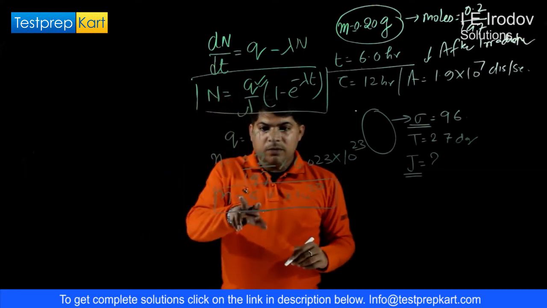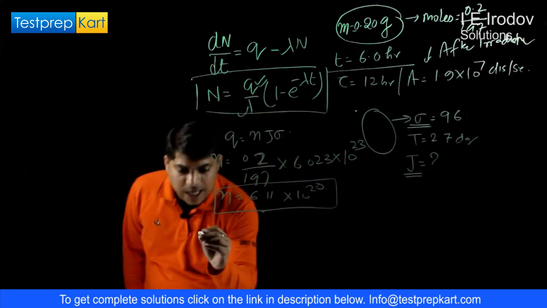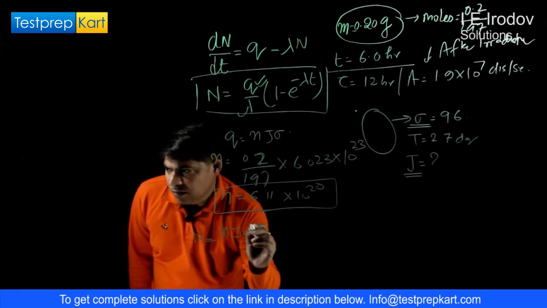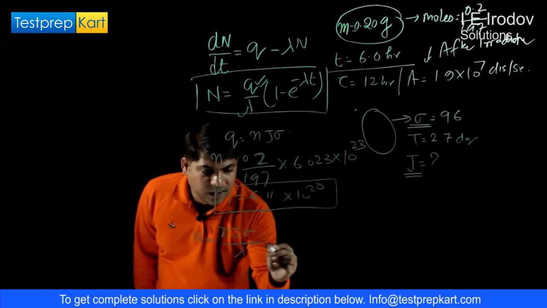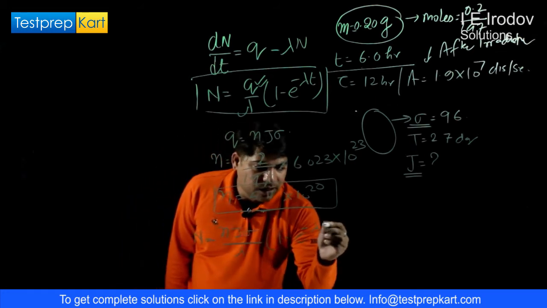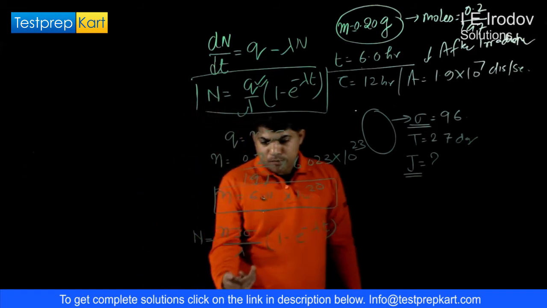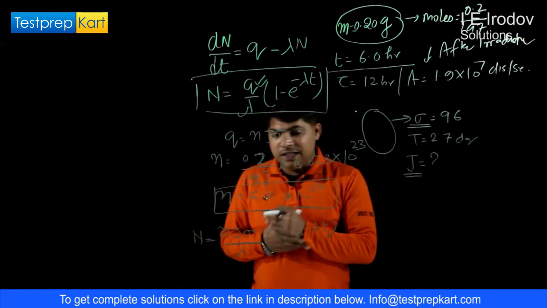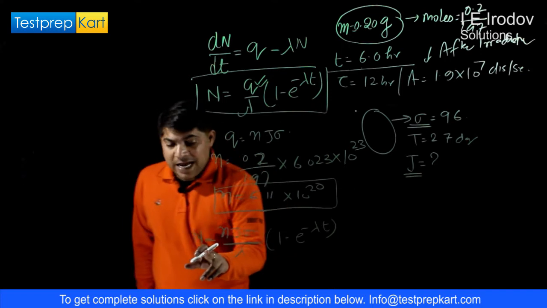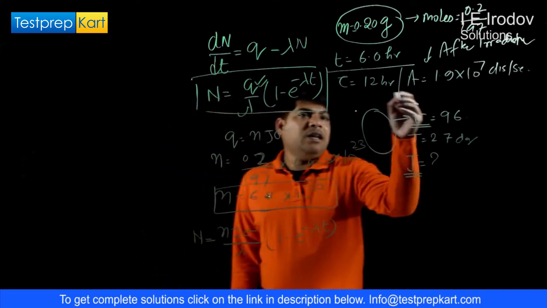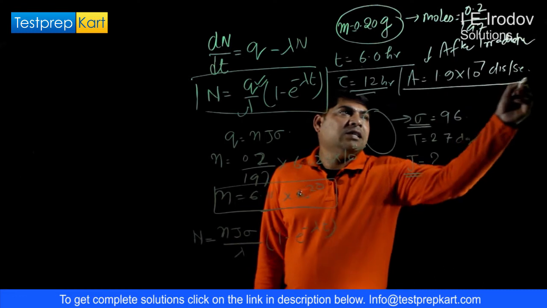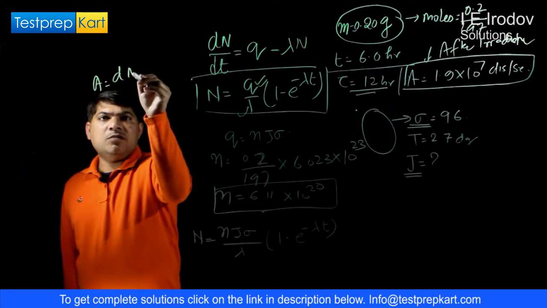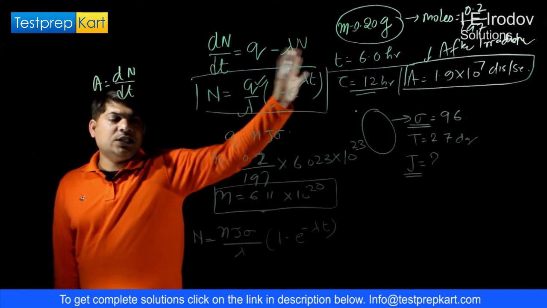Now we can rewrite the expression as n equals n j sigma upon lambda times (1 minus e to the power minus lambda t). Lambda can be written in terms of half-life later on. We can calculate the activity A, which is given after 12 hours. So A equals dn over dt when irradiation stops.